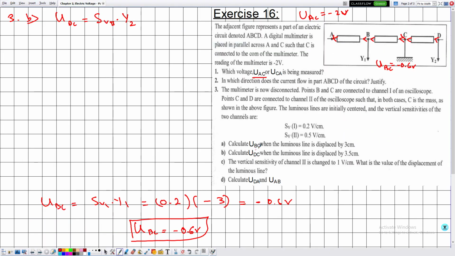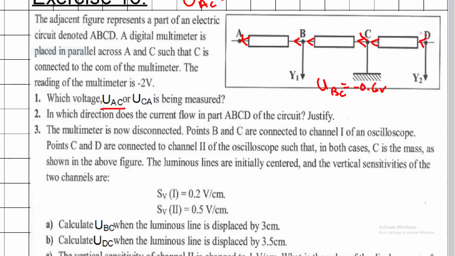In order to know whether UDC is positive or negative, we need to follow the direction of flow of current.